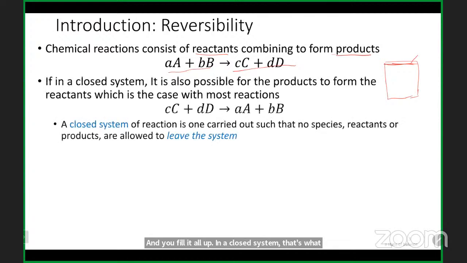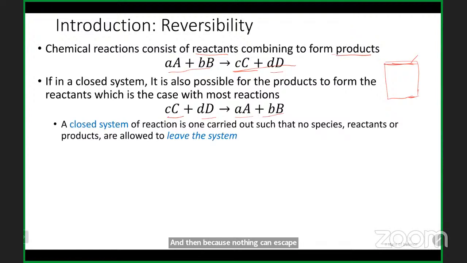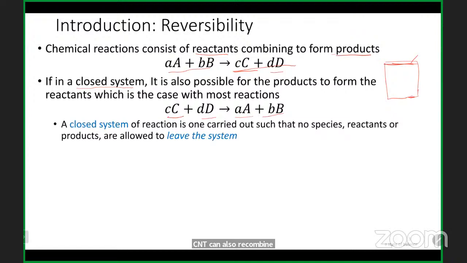It is possible that the products, which are C and D, combine back together to form the initial reactants. So initially, we're going from A and B to C and D, and then because no form of matter can escape the system, which is why we call it a closed system, C and D can also recombine to form A and B. This is actually the case with most reactions, if not all, as long as it's in a closed system.